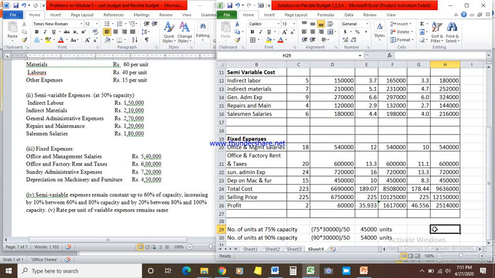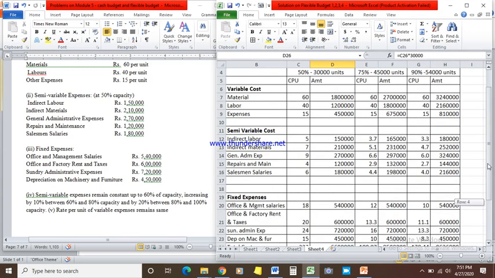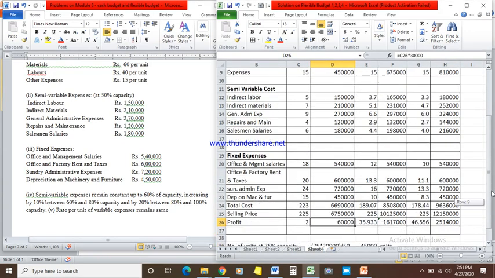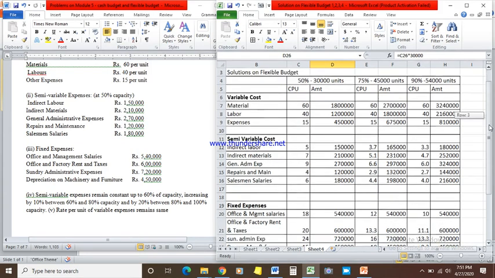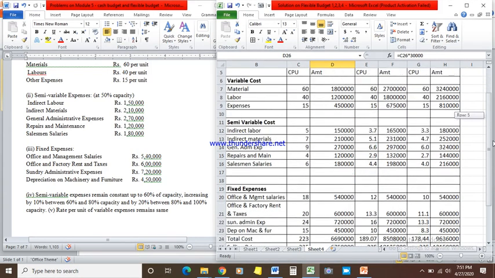Now what is the interesting point to observe here in this problem? The profit in case of 50% capacity, we had earned just 2 rupees. Whereas if the production capacity is increased from 50% to 75%, where the number of units increases by 15,000, what happens?